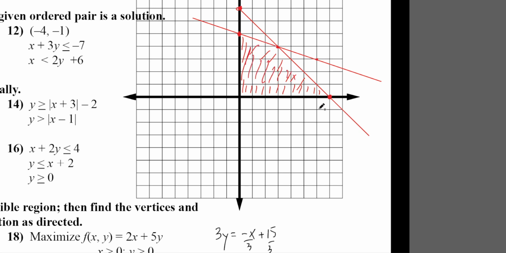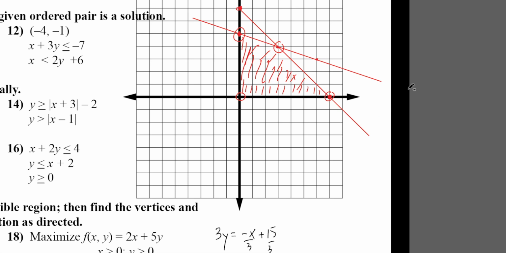Okay, why do we care about the shading? Because I want to find the vertices. Was it somebody in this class asked what a vertex was? Yeah. What are the vertices? Look, it's this. It's where they come together, okay? It's where they come together. So that, and also that right there.